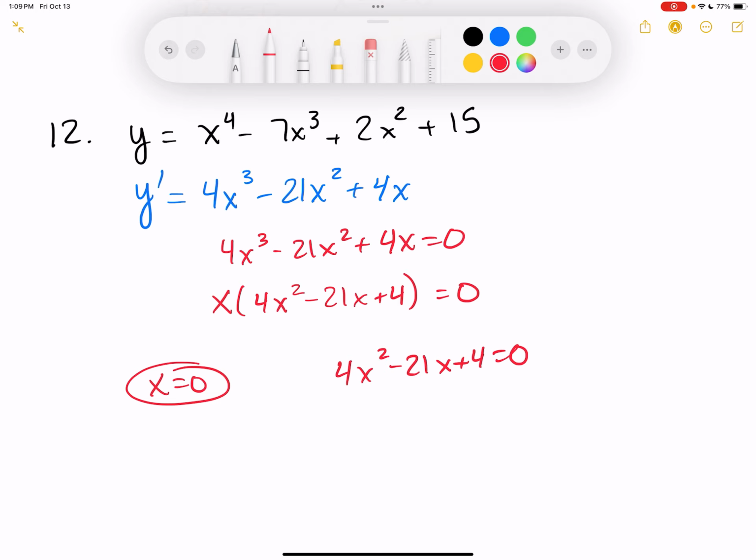So what does that factor into? I need factors of 16 that give me 21.